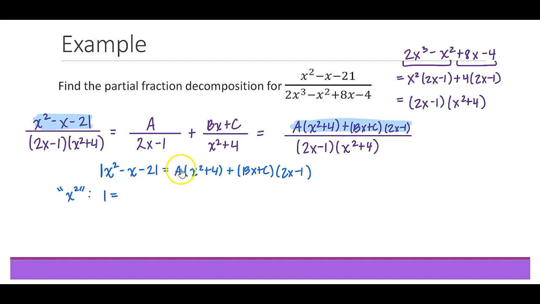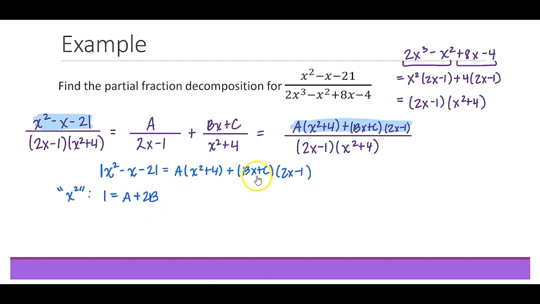So here, if I did distribute in this a, in front of x squared would be a, and then over here on the right-hand side I'd have to distribute all this, so bx times 2x would create a 2bx squared, and then my outer would be minus bx, and my inner would be plus 2cx, and my last would be minus c. So the only thing that's going to give me an x squared term is the bx times 2x. So I'd have a 2b in front of x squared, so plus 2b.